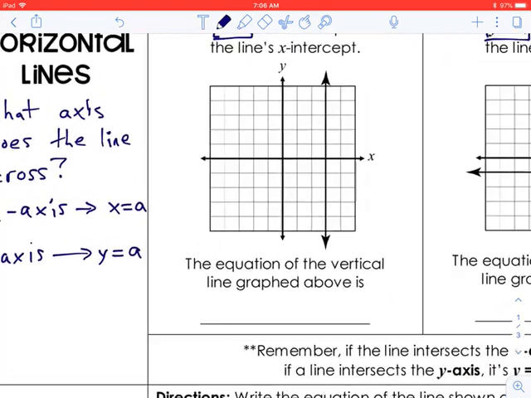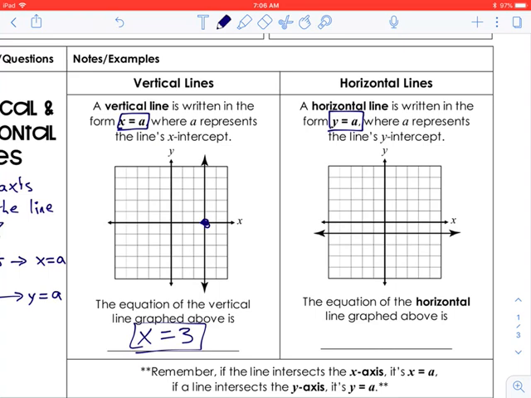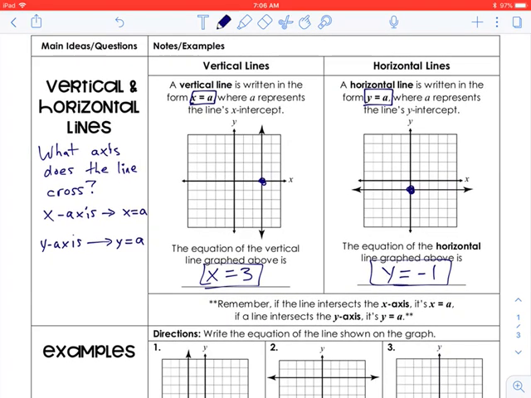Okay? So in this case, it crosses the x-axis at x equals 3. So that's our equation. That's it. Very simple. It crosses the y-axis here at -1. So y equals -1. Okay? That's simple.